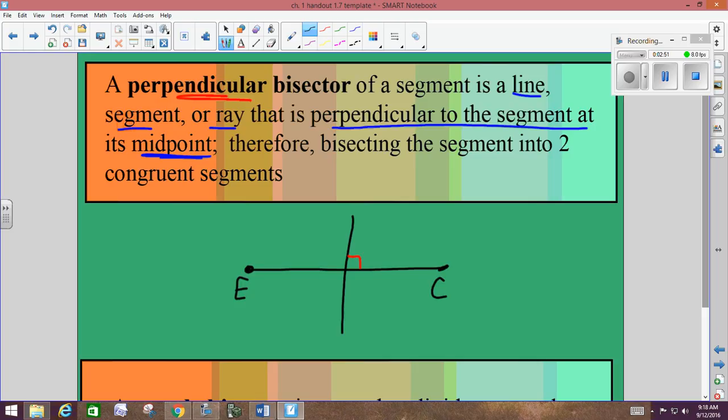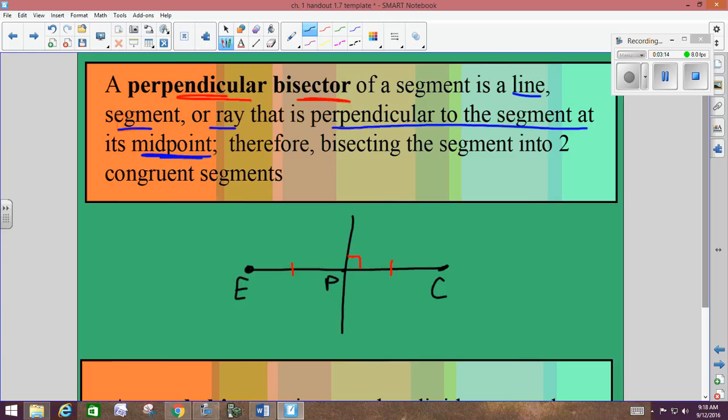If this vertical line is bisecting segment EC, what would I know about EP and PC? They would have to be congruent, because if it's bisecting it, it's cutting it right in half. So this half would have to be the same as this half. Perpendicular bisector, a right angle cuts the segment in half. P, therefore, is the midpoint.